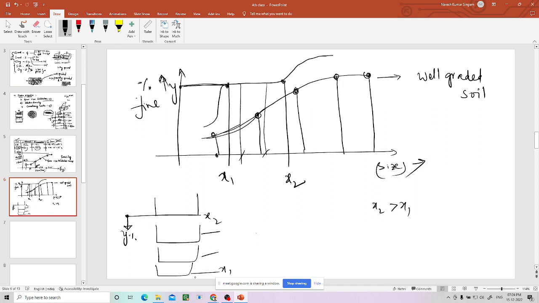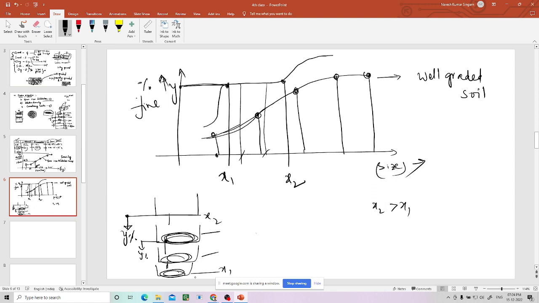What is happening for every value in between x2 and x1? The percentage of finer is y only, right? That means whatever is passing from here is completely passing from here. Whatever is passing from here is completely passing from here also. Like that, nothing is retained here, nothing is retained here, on these three sizes, let us say.